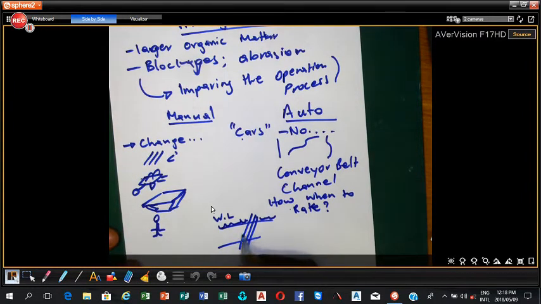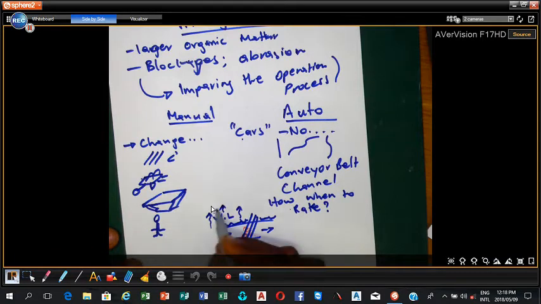But as soon as you notice that here you've got blockages taking place at the bottom here, and then if the direction of flow is in this direction, obviously the water level will rise from the upstream of the screen.